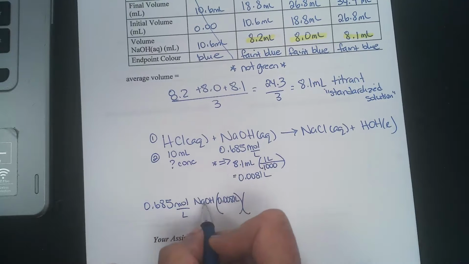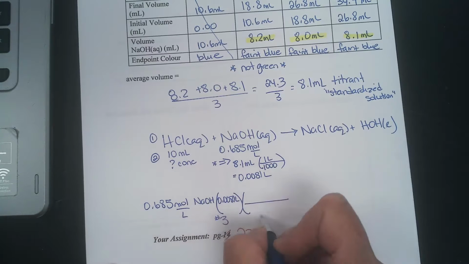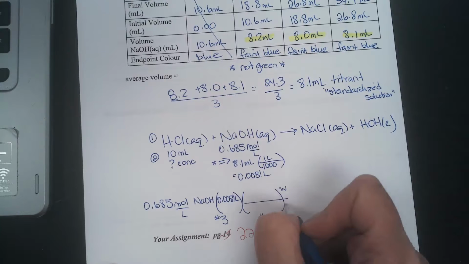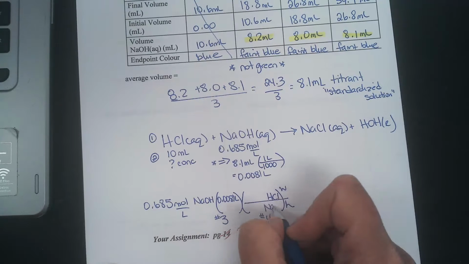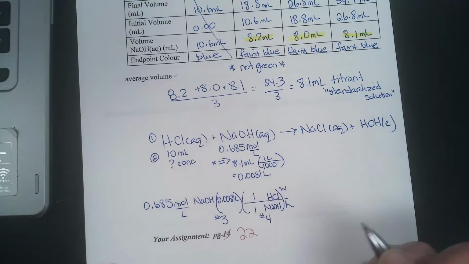I'm now in moles of hydroxide. Step 4 is my mole ratio of want over have. I want hydrochloric. I have sodium hydroxide. And we see in the equation that it's 1:1.